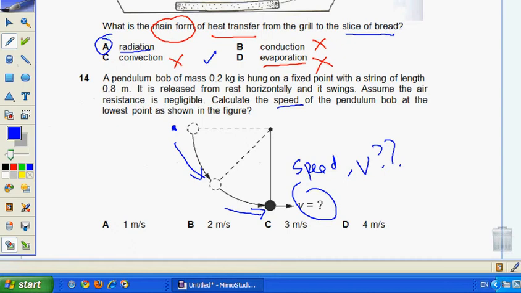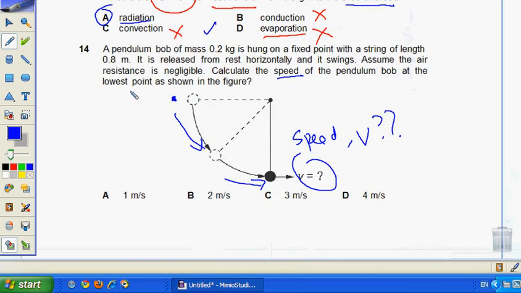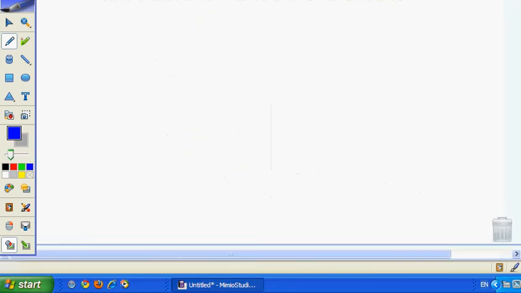What does conservation of energy say? You recall this original bob is at the top. Can you see? It started at the top and then it moved down to the bottom. Something at the top has a height difference, and height difference is GPE.